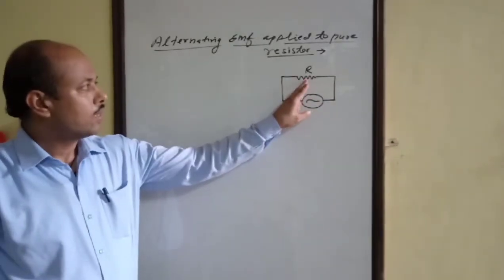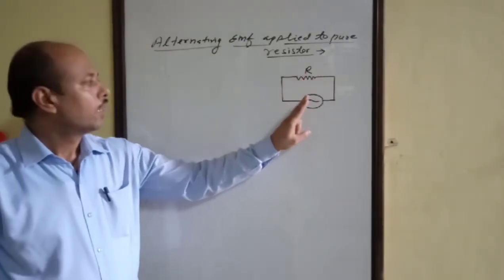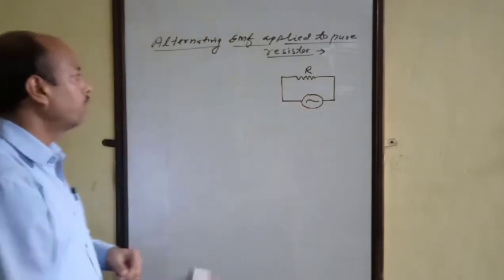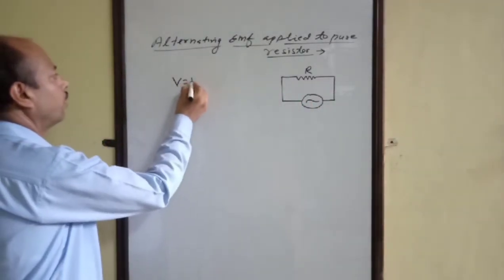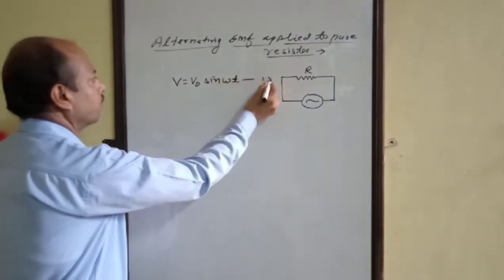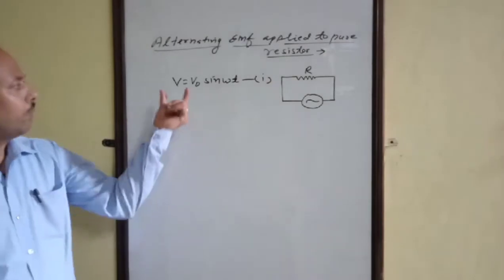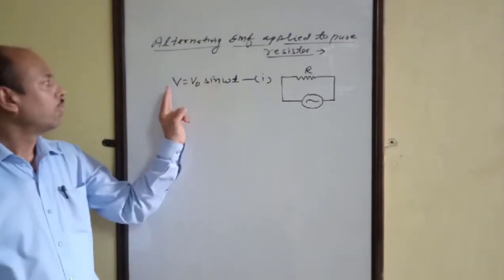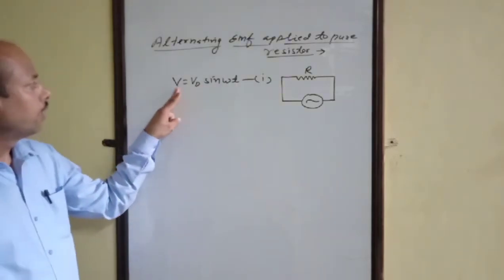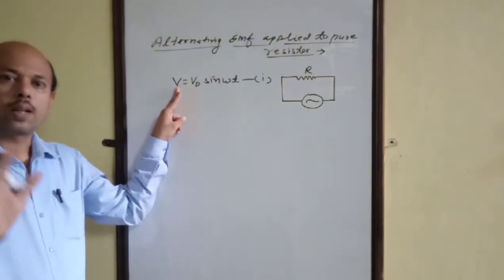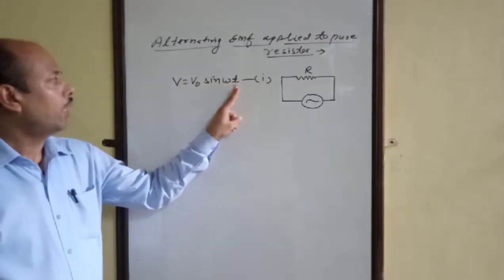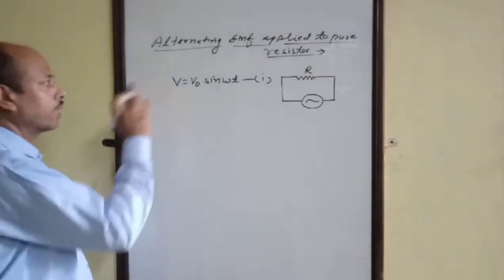So R is the resistance, and this resistance R is connected to a source of alternating EMF, which is given by V equals V naught sin omega t, where V is the instantaneous value of alternating EMF, V naught is the peak value of EMF, and omega is the angular frequency.